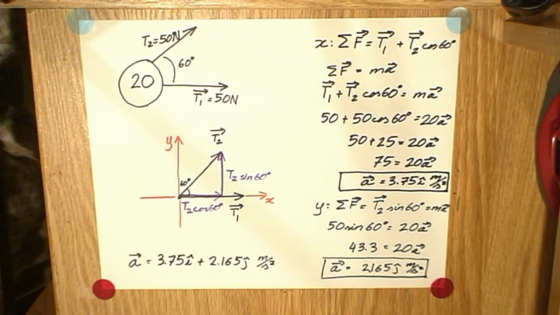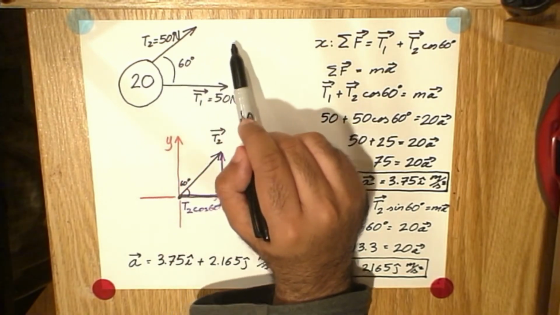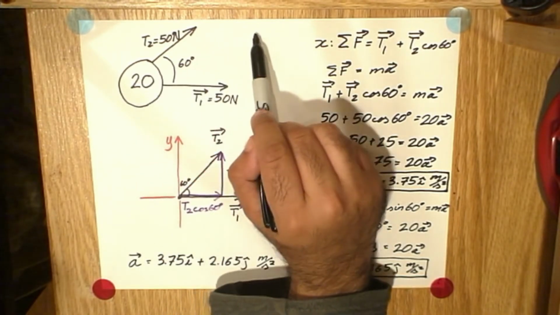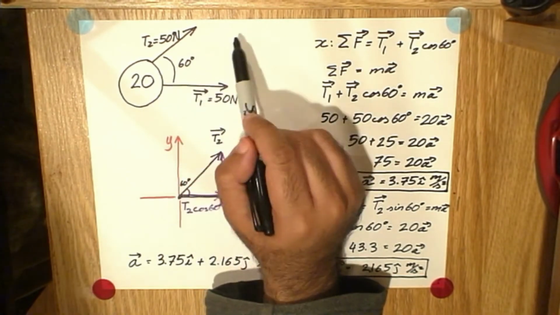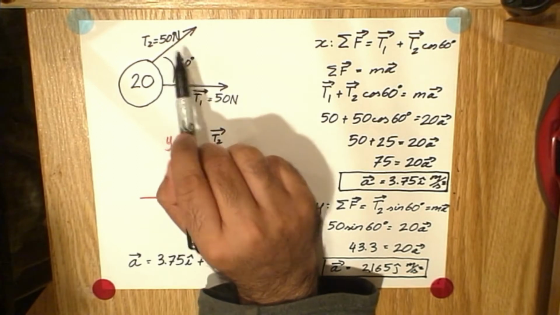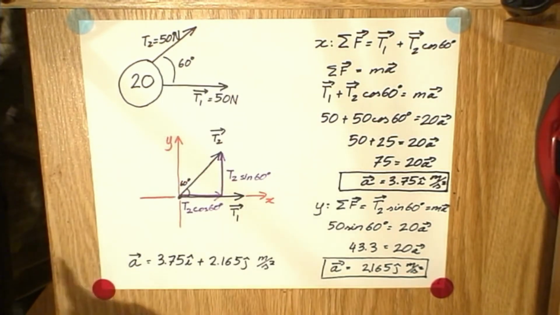In other words, this asteroid is going to start accelerating in a direction kind of like this. Up and higher than the horizontal, but not quite as high as 60 degrees. That's what this acceleration over here corresponds to.